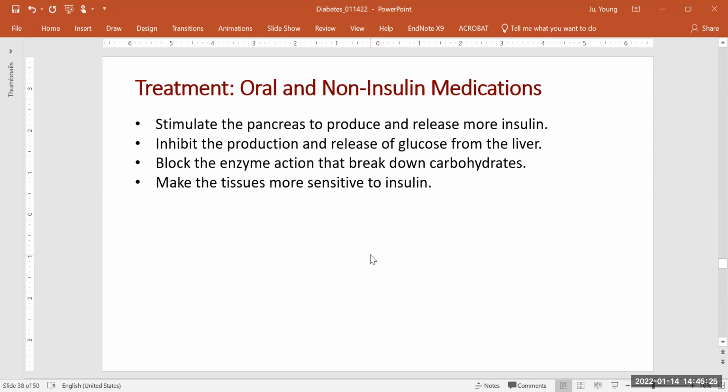Metformin is generally the first medication prescribed for type 2 diabetes. Metformin reduces the amount of blood glucose produced in the liver and released into the bloodstream, also improves insulin sensitivity and decreases the intestinal absorption of glucose from food sources. So it has multiple functions.